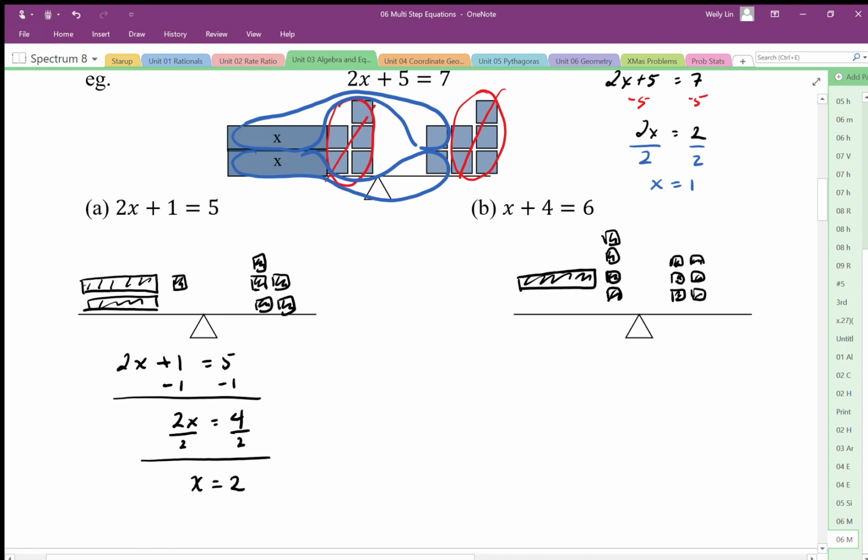Now you can probably solve this by getting rid of these 4 1s, and we can see that x is equal to 2. What are the algebraic steps that go with this? So x plus 4 equals 6. We did a minus 4 on both sides to keep it balanced, and we end up with our solution x equals positive 2.